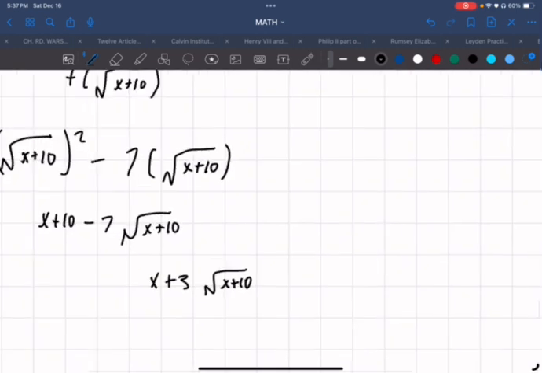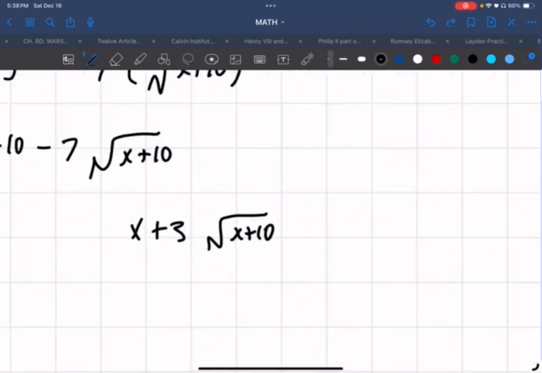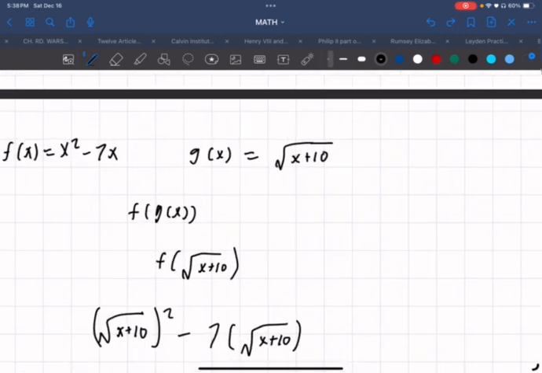Let's see. I think I'll just do that, right? Because I don't know if there's something like that. I think so. That's wrong. It is wrong. Okay, so that's UX of that is that.